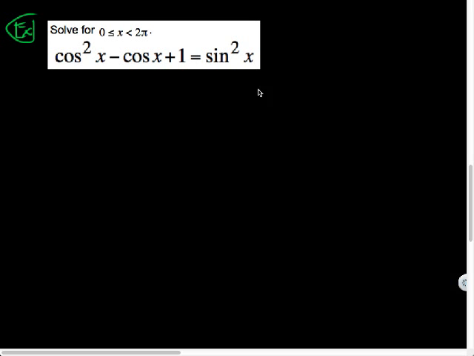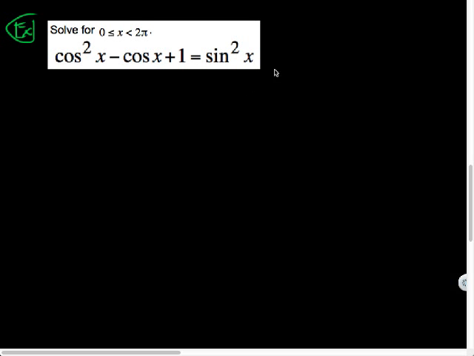Now, looking at this, I've got cos squareds, I've got cosines, I've got a constant, and I've got sine squared. There are more cosines than sines, so my strategy here is to write all of these terms in terms of the same trig function.